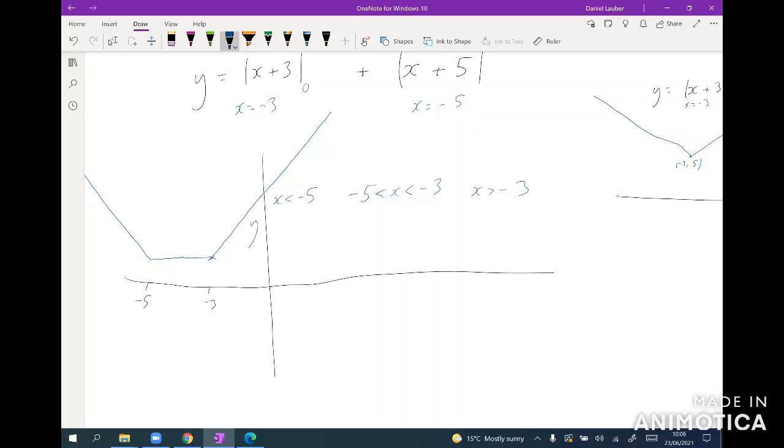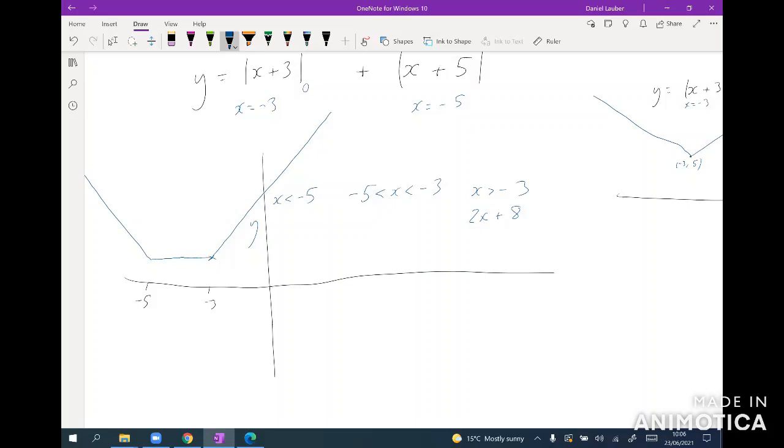And then all I'm going to do is say, well, what is y? Above minus 3, both of them are positive. So we can just get rid of the modulus signs and say that's 2x plus 8. Then between minus 5 and minus 3, well, who's changed? It's just the x plus 3 term has become negative. So that's going to swap.